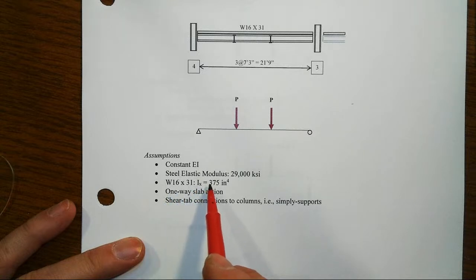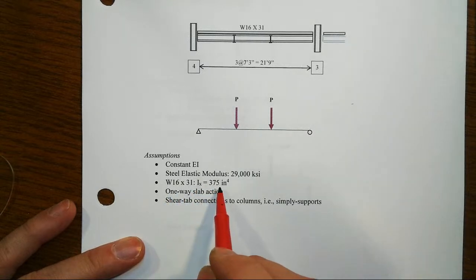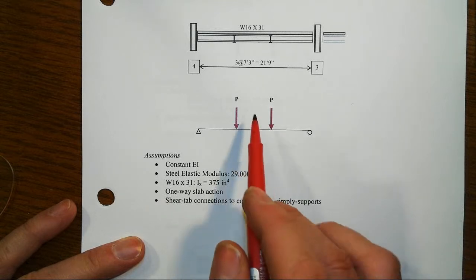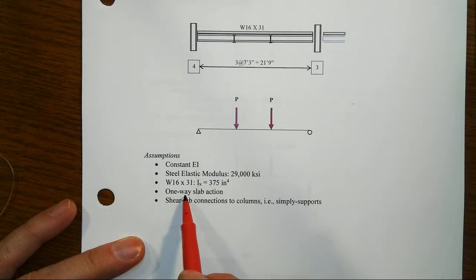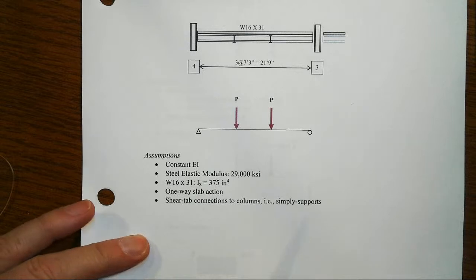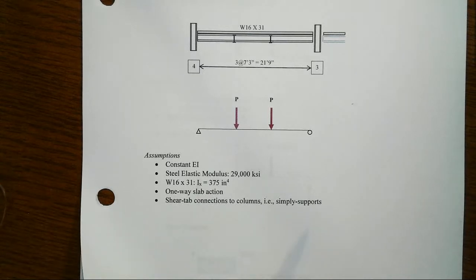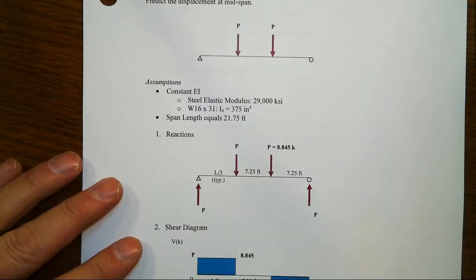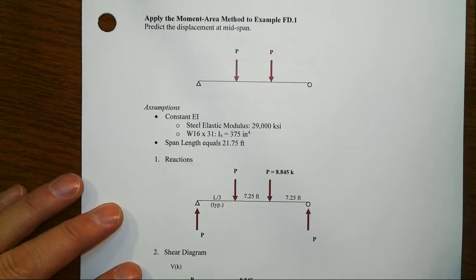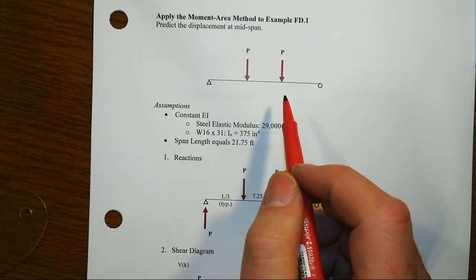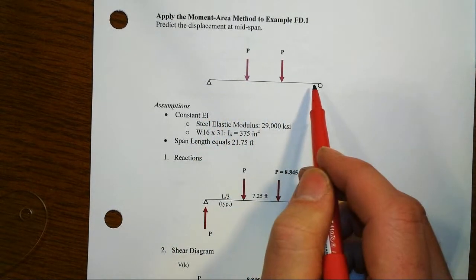It's the 16 by 31 with a second moment of area of about 375 inches to the fourth. The numerical values we'll get here will all assume one-way slab action, and that we've got the shear tab connection to the columns. In other words, we have a simply supported beam. Or if you want to look at it the way a typical textbook problem would, here's your beam.